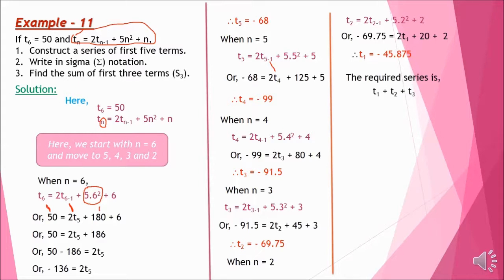Now we have to write in sigma notation. We already have tn, so we don't have to worry about it. In sigma notation, we have tn is equal to 2, it's given in the question, plus n, and applying sigma on both sides.